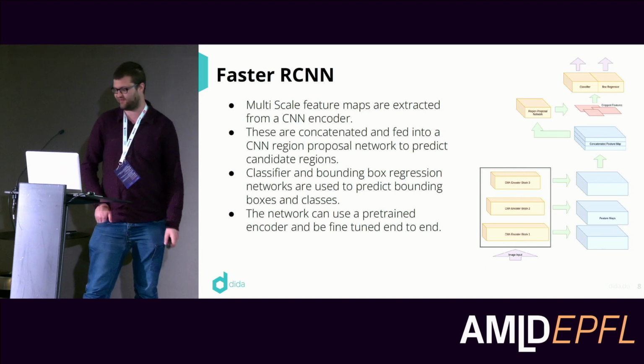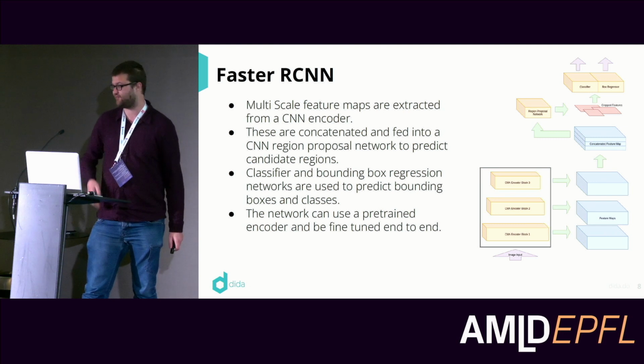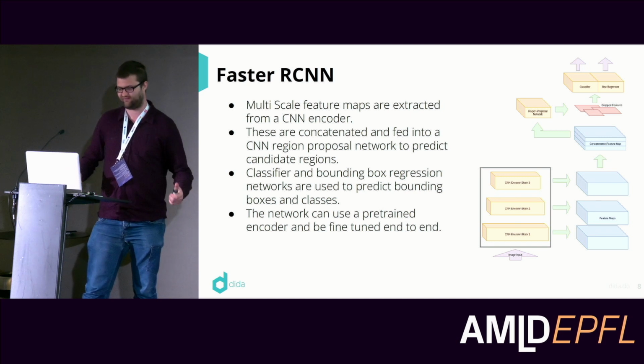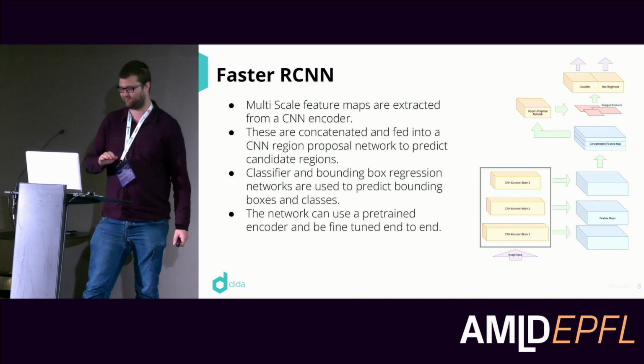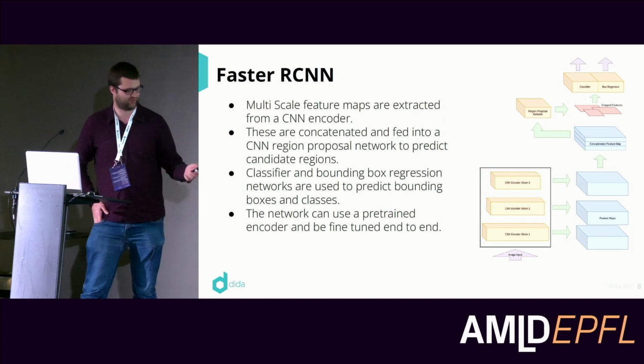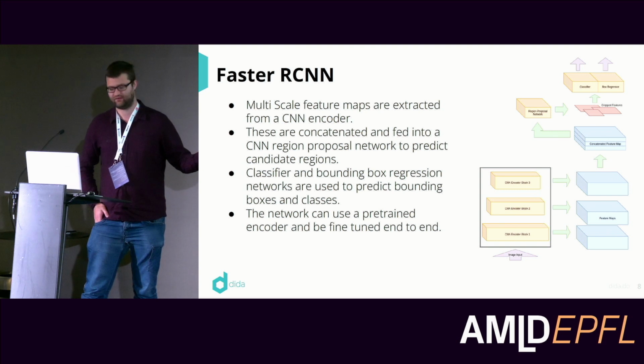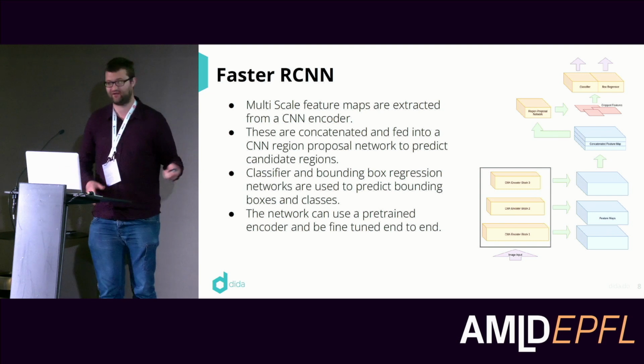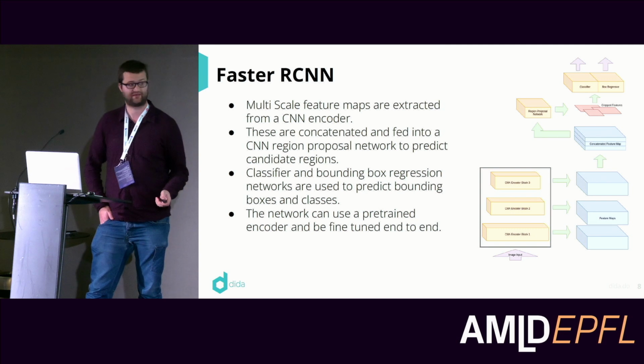We take feature maps from different layers and concatenate them together to get a feature map that represents the early layers, which have small, low-level information, up to the deep layers, which include broader, larger-scale and more abstract information.